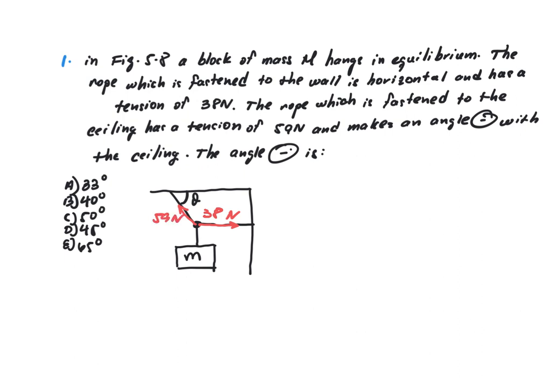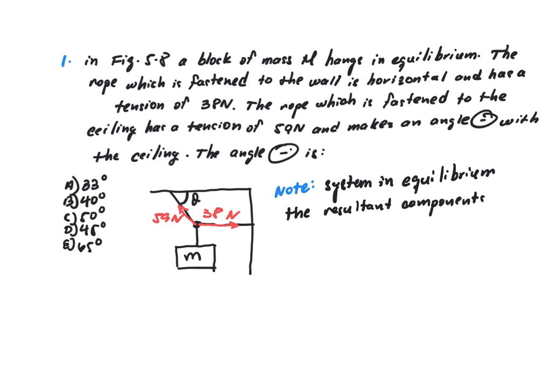So we want to make a note. The note is, for the system to be in equilibrium, the resultant components of the three forces must be equal to 0.